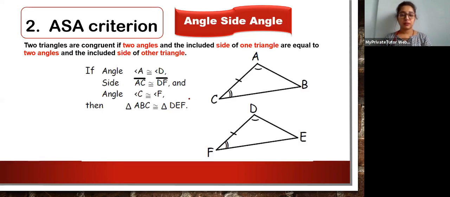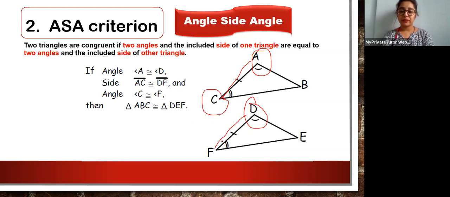Let's get to know about this. You can see that angle A is congruent to angle D, side AC is congruent to side DF, and angle C is congruent to angle F. If you clearly observe, side AC is between the two angles.